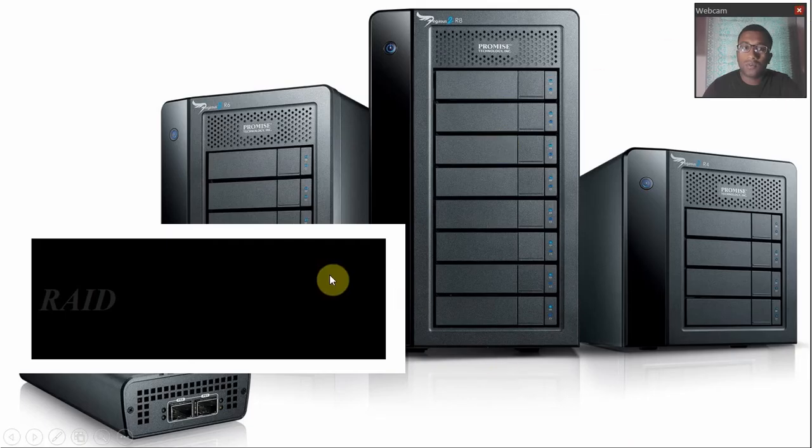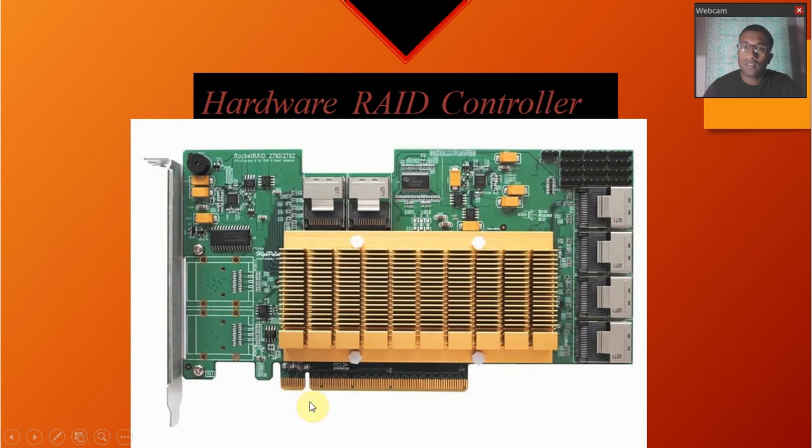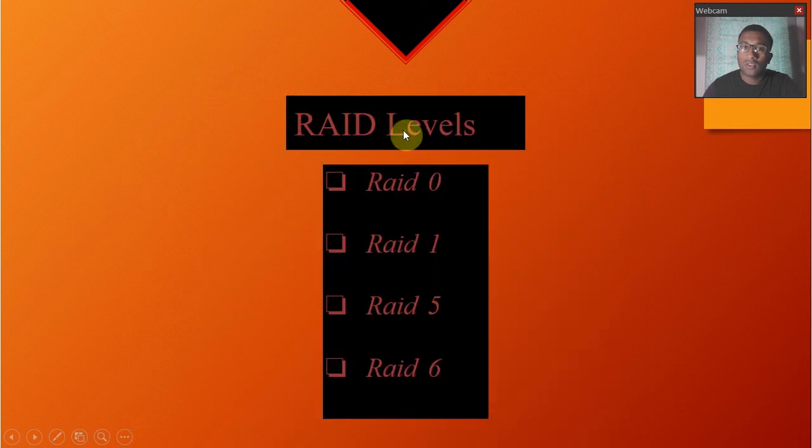Now we'll go to the RAID technologies, and RAID types are hardware and software. The hardware looks somewhat like this, and inside software, the RAID levels are RAID 0, which is striping, RAID 1 is mirroring, RAID 5 includes striping and an additional parity bit.